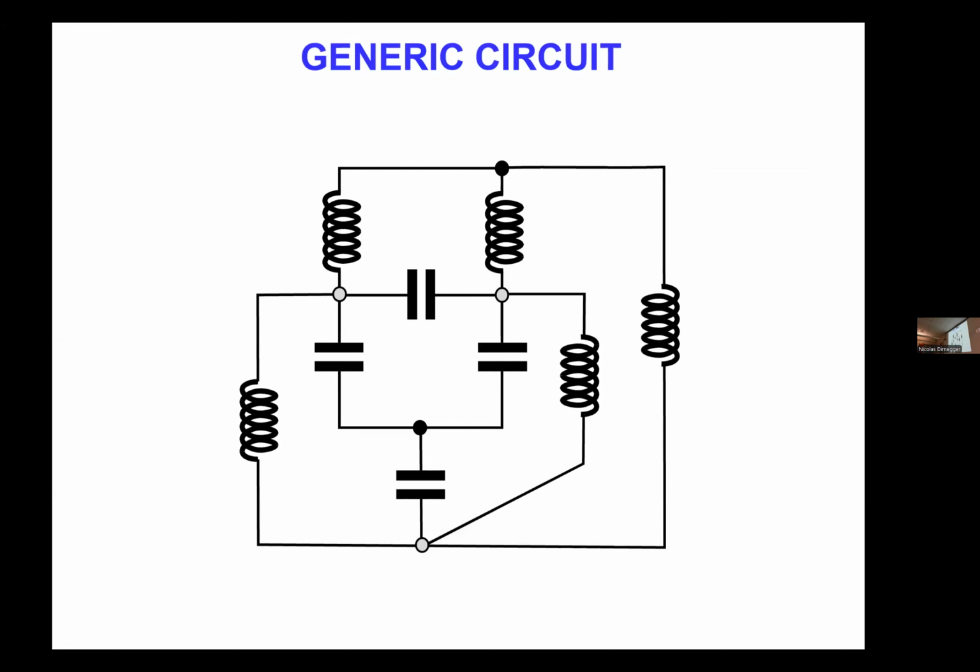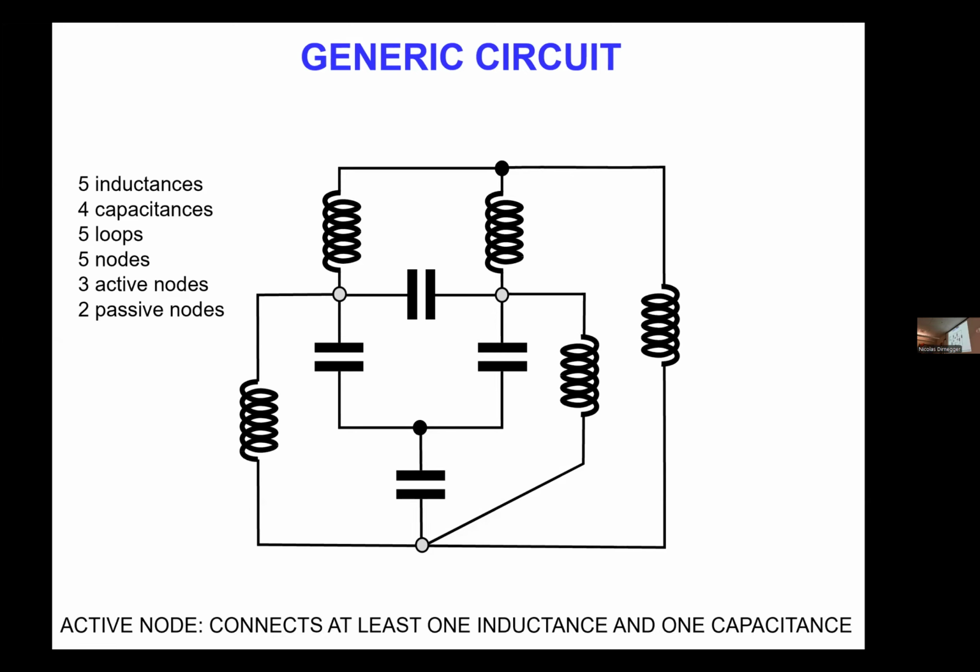So I have chosen a generic circuit that topologically represents all possible cases. This circuit has the virtue of not being too complicated, but it contains every possible case that you might encounter. What does it mean? Well, it has a sufficient number of inductances and capacitances so that you can look at the various loops here, and they are of all the possible types.